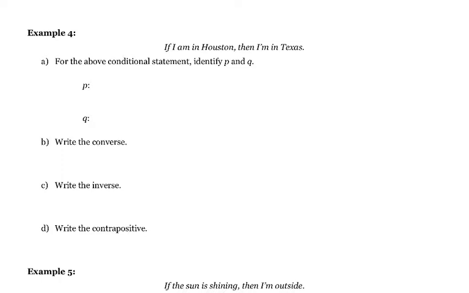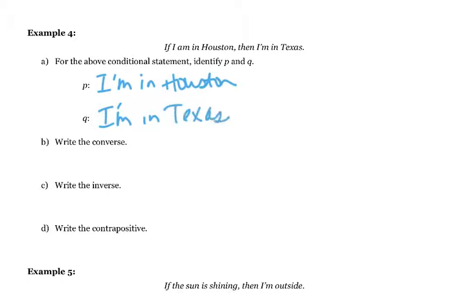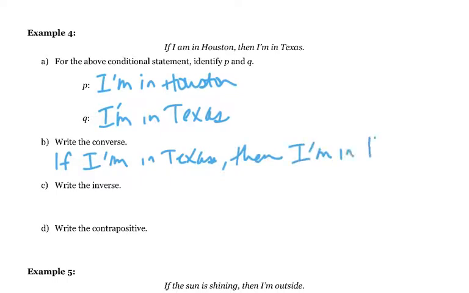If I am in Houston, then I am in Texas. So we have two statements. P is, I'm going to shorten it to, I'm in Houston. Q is I'm in Texas. So the converse would say, we just flip them. We would say, if I'm in Texas, then I'm in Houston.